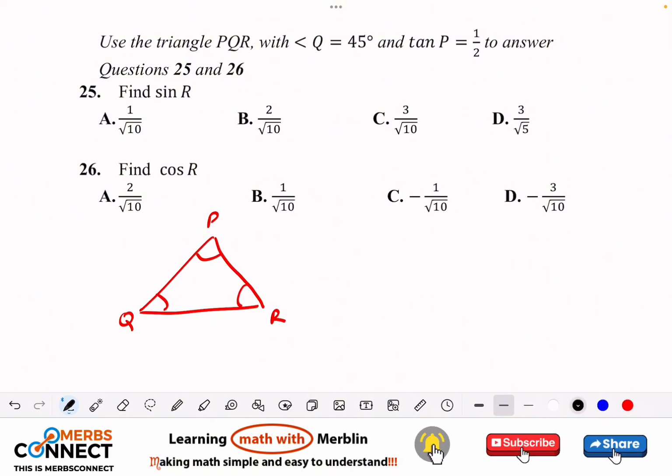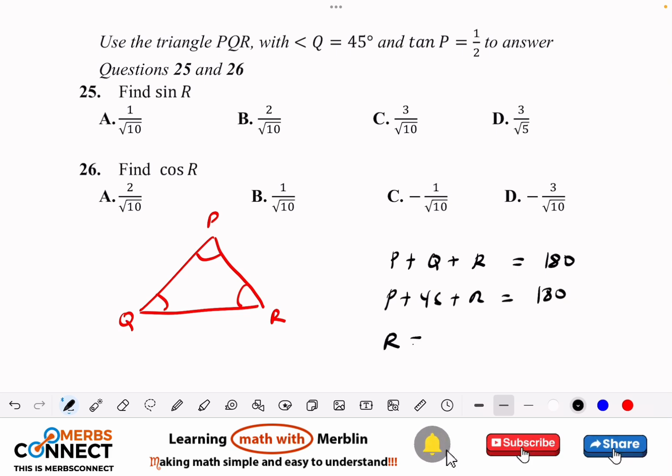So it means that P plus Q plus R is equal to 180, right? Now I know that this angle Q here is 45. So if here is 45, then I'll have P plus 45 plus R is equal to 180.